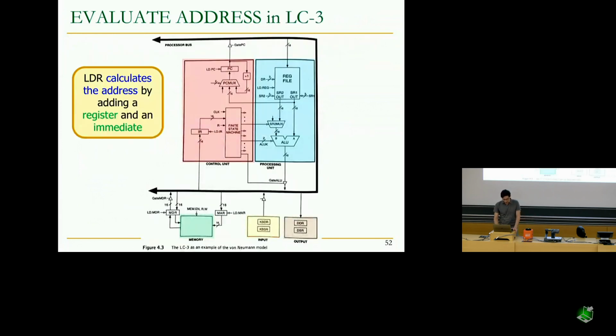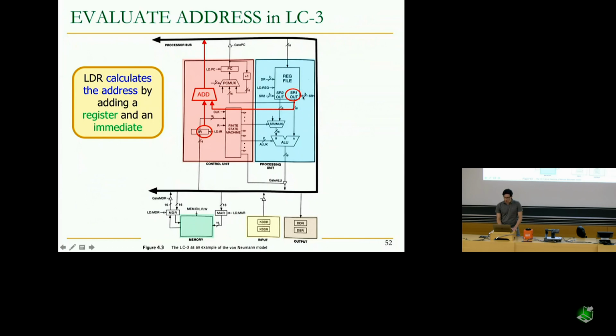So let's take a look at how we do this on the data path. For LDR, we calculate the address by adding a register and an immediate. This might be different in other instructions, but because LDR is the first instruction that we know to access memory, let's take a look at how it is done. We have the offset in the lower part of the instruction register.